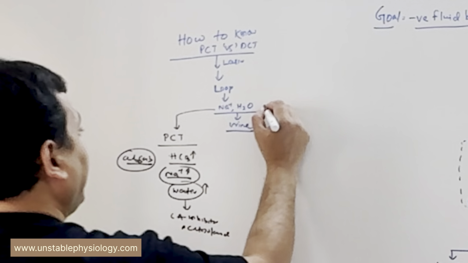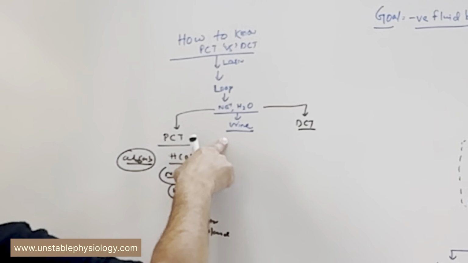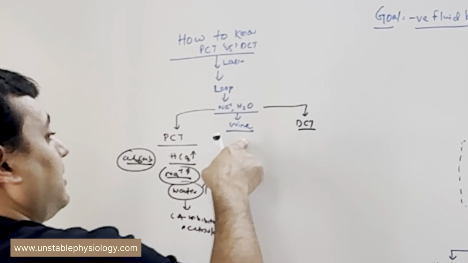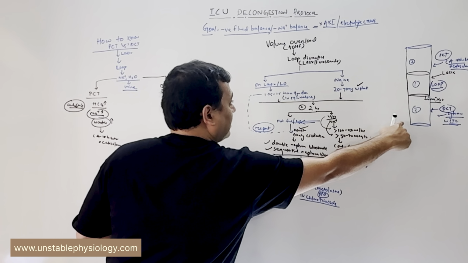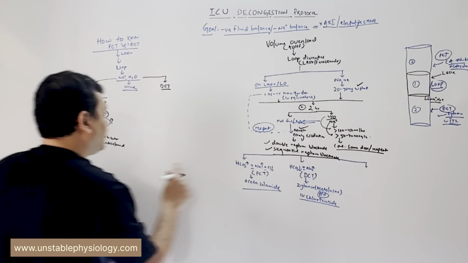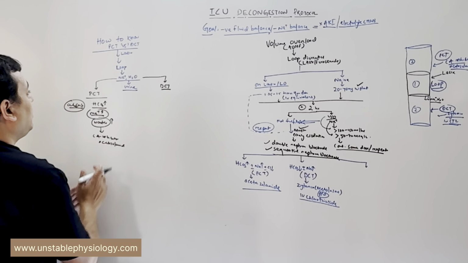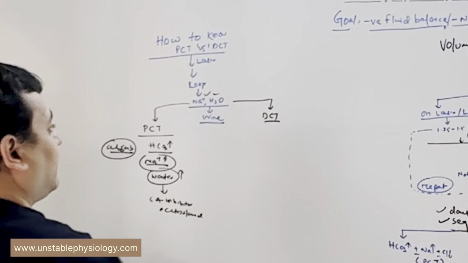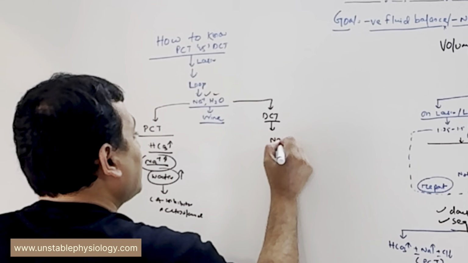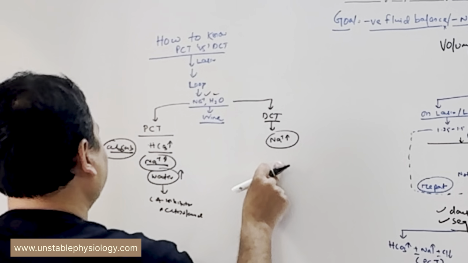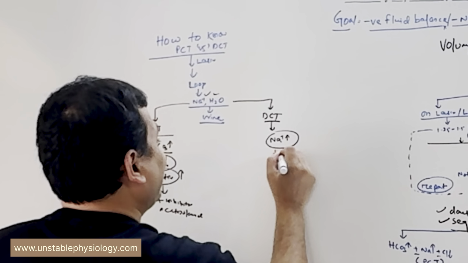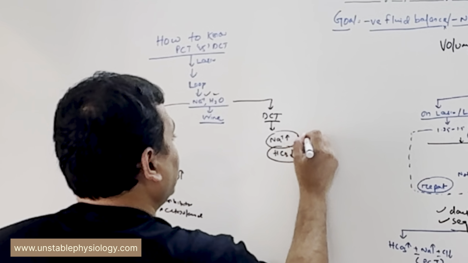Another thing can happen in the DCT. For example, sodium and water from the loop will go to the distal convoluted tubule. So the distal convoluted tubule fluid will be rich in sodium and water. So what will happen? The DCT, which has sodium-rich content, will now reabsorb the sodium. In this situation, the patient will be acidotic. The bicarb will be low, but sodium will be rising.